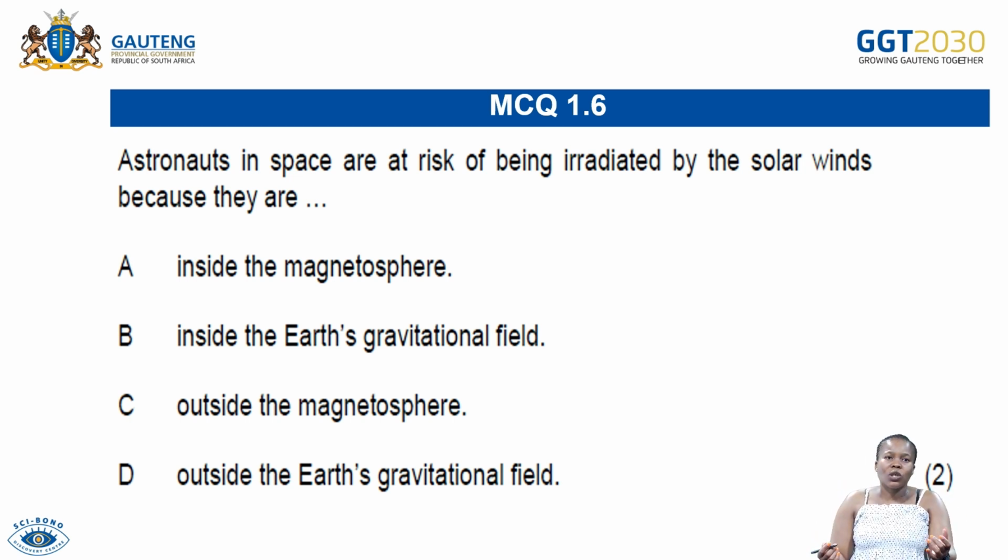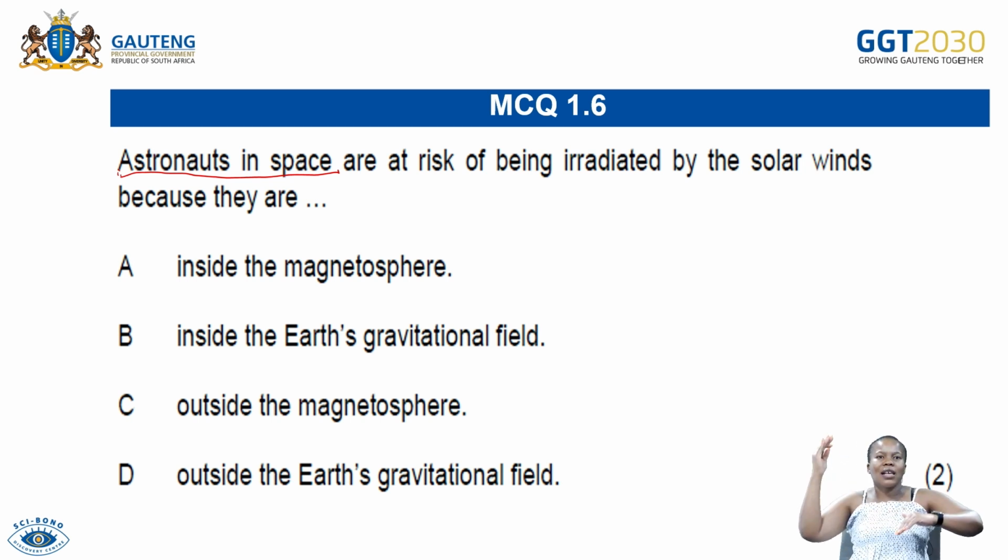No, because astronauts are going to space. They are not inside the Earth, and we know the magnetosphere is the magnetic field surrounding and protecting every living organism on Earth. So definitely it's not A. B, inside the Earth's gravitational field.